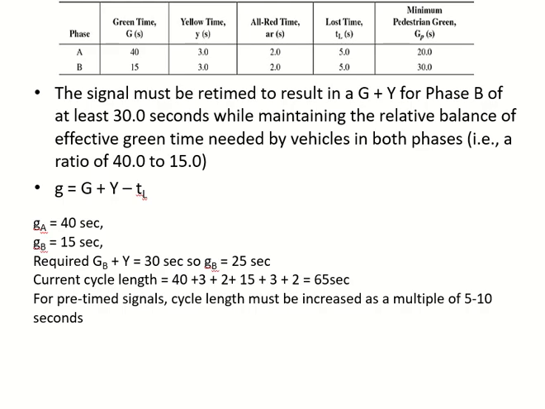It became 75, right? First of all, two things. First, there are only two phases here, so I will do it like this. But if there were four phases, like the previous example which we did, then this thing will not work. You have to take the ratio.